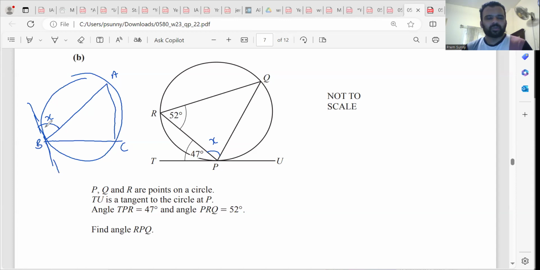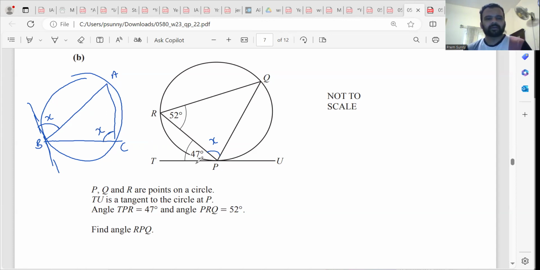Now, this will be the same as the angle at the vertex that doesn't have any connection with that particular side. This was between the tangent and the side AB, so the only letter remaining is C. So this will be angle x here.